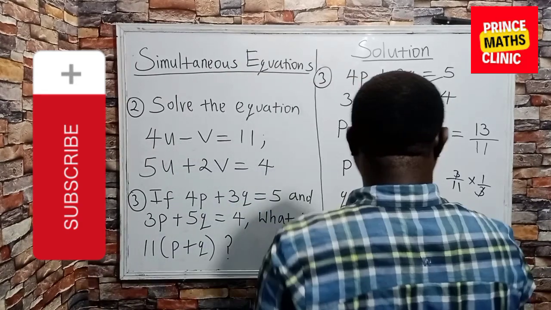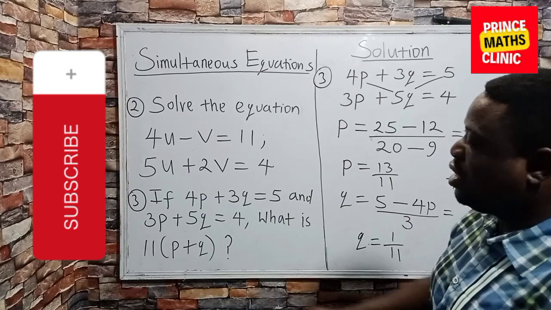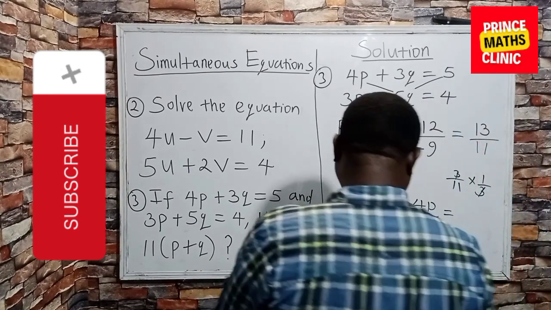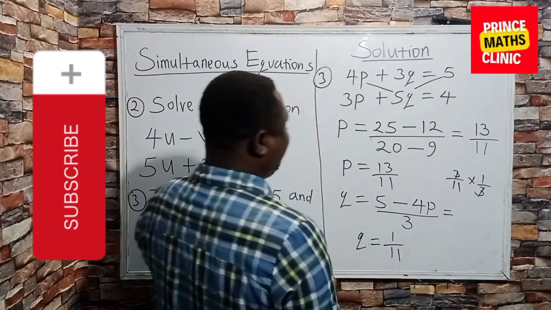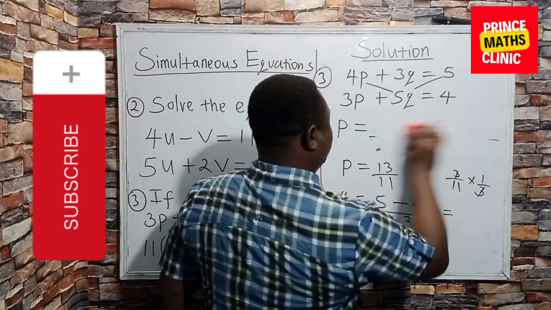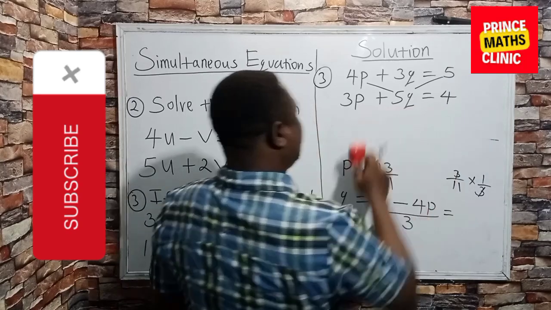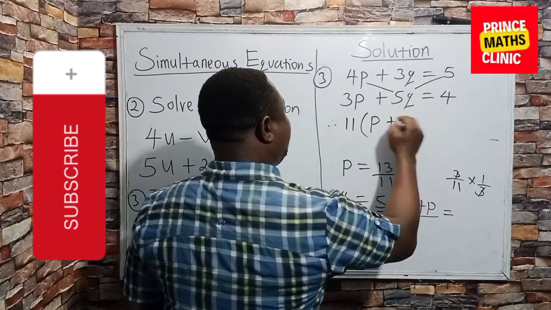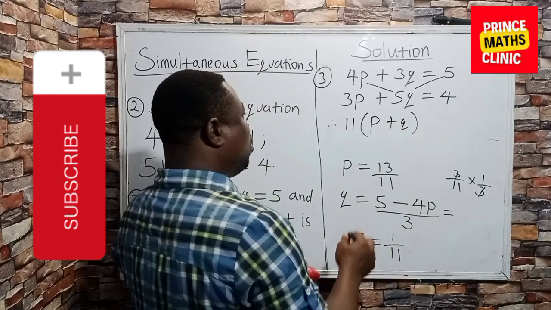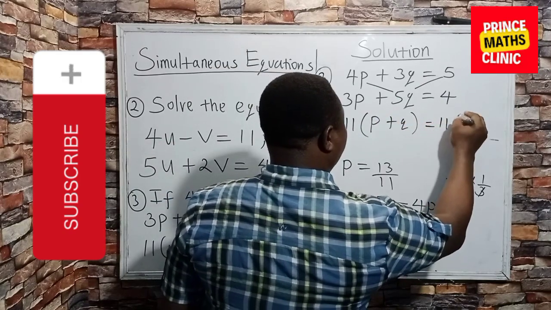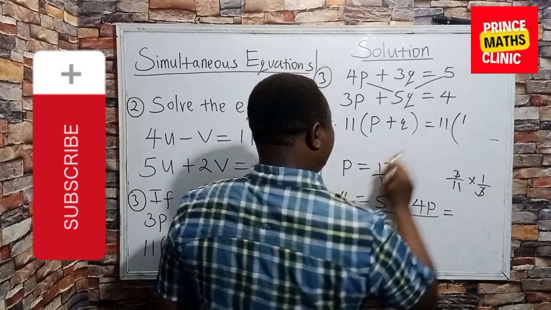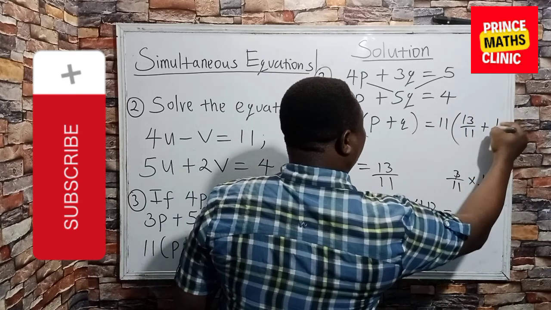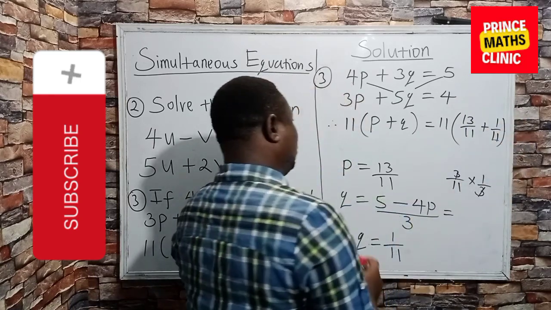But we are not asked to find p and q. We are asked to find 11 open bracket p plus q. So therefore, 11 times open bracket p plus q becomes 11 times p is 13 over 11, then plus 1 over 11.